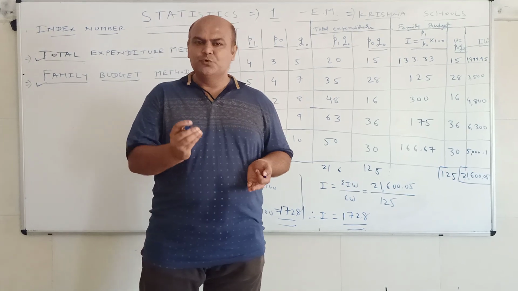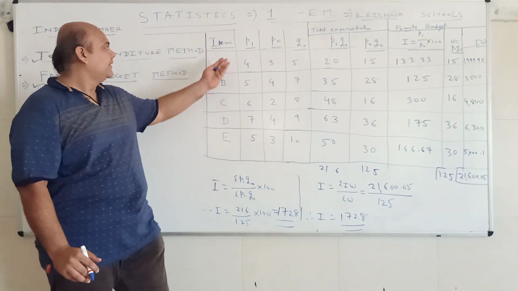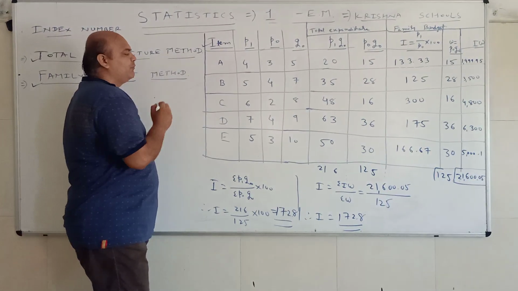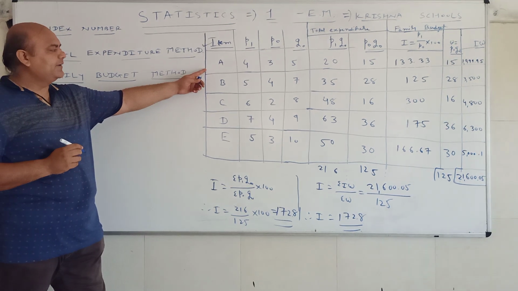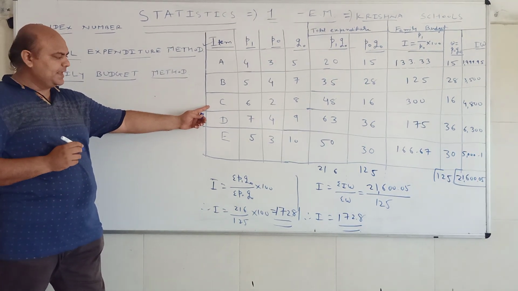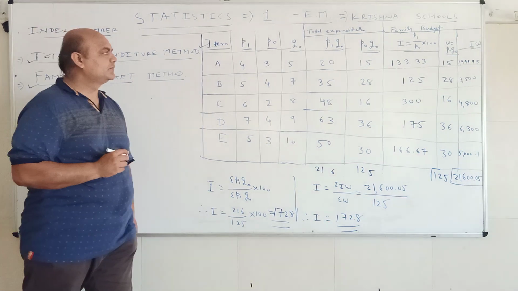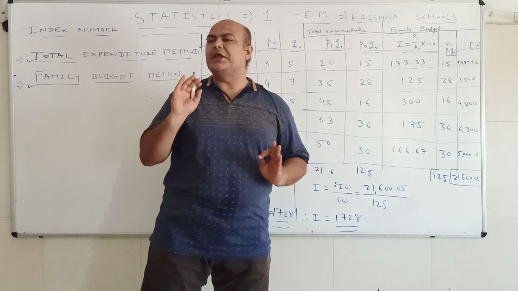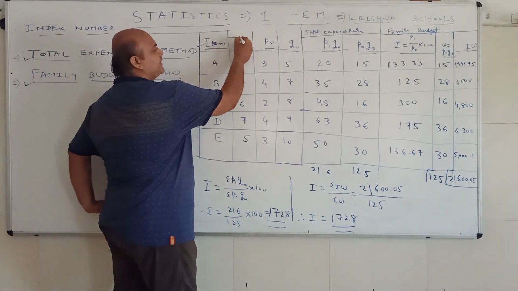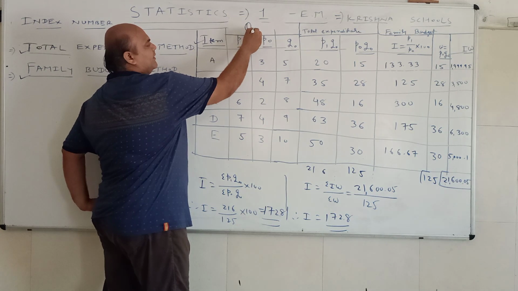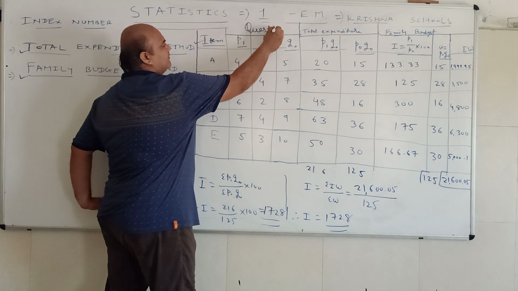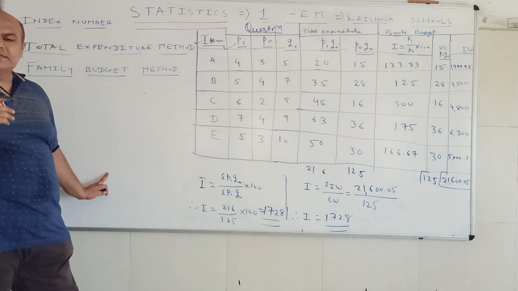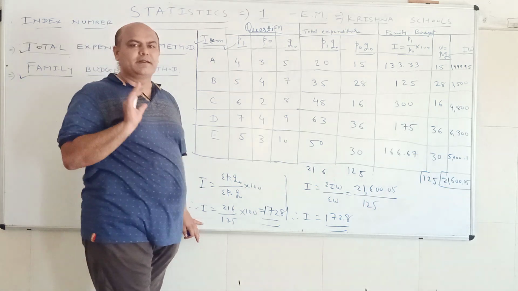Now let's move towards the problem sum. Here is the question. In our question, they provide 5 items: item A, B, C, D and E. They provide us 3 columns. The first column is P1, that is price of current year.